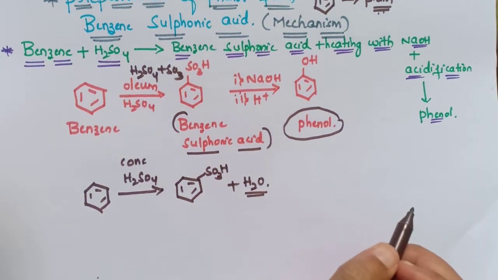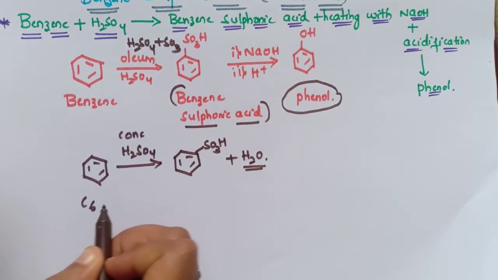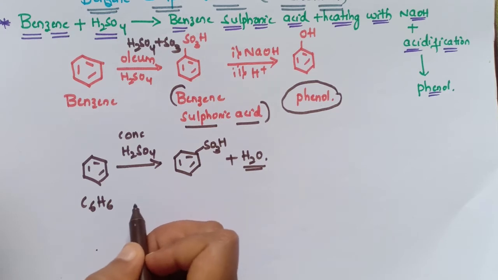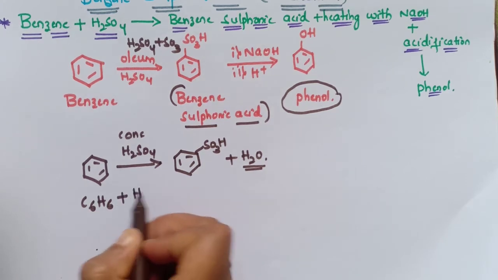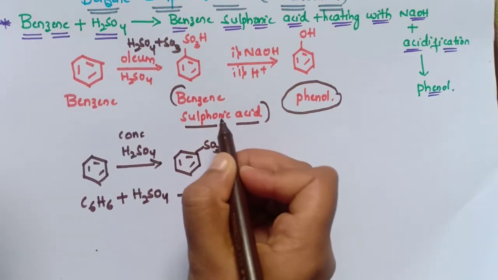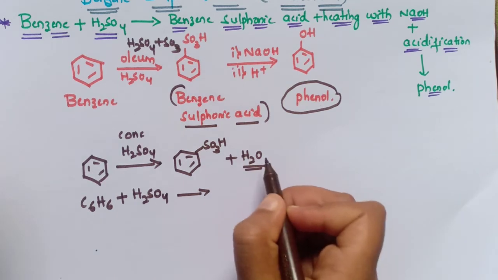Now let us see this. It is C6H6. We already know that benzene is C6H6. When it is reacted with concentrated H2SO4, we will get benzene sulfonic acid. See here the formation of water takes place.